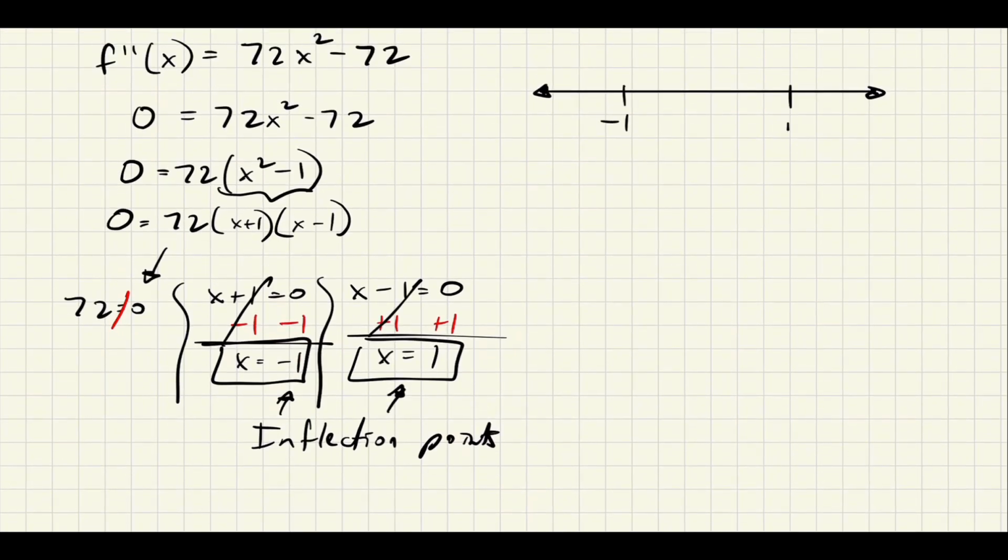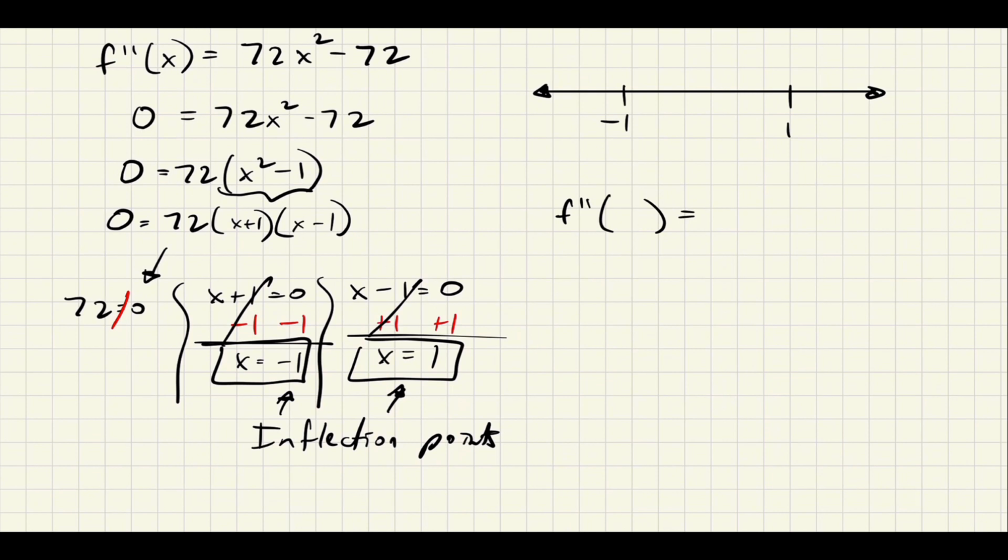Negative 1, positive 1. So I need to choose 3 numbers. 1 less than negative 1, 1 in between negative 1 and 1, and 1 greater than positive 1.